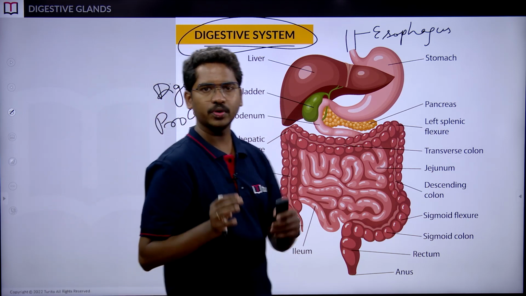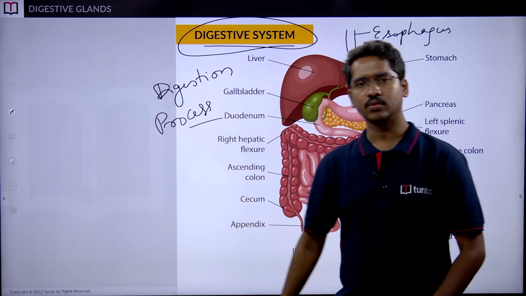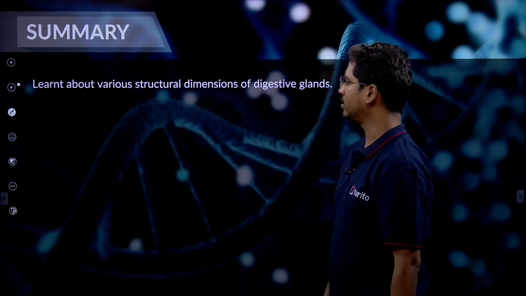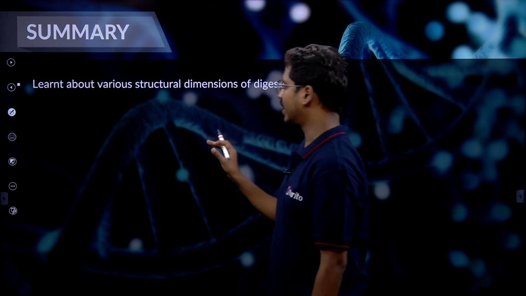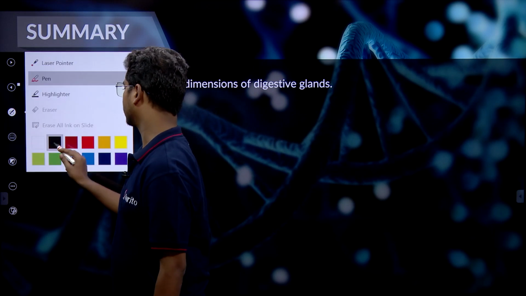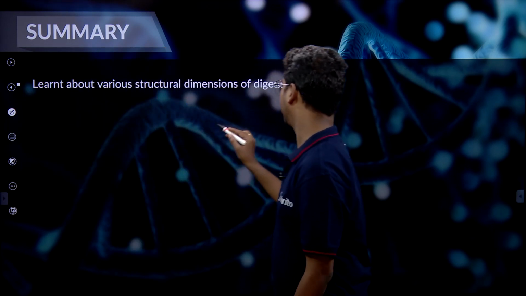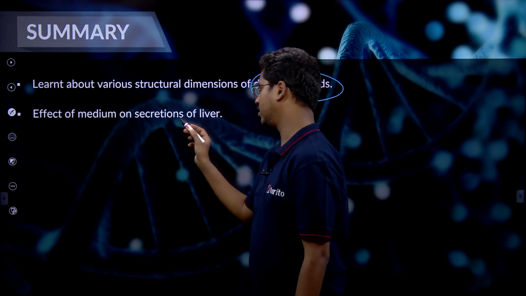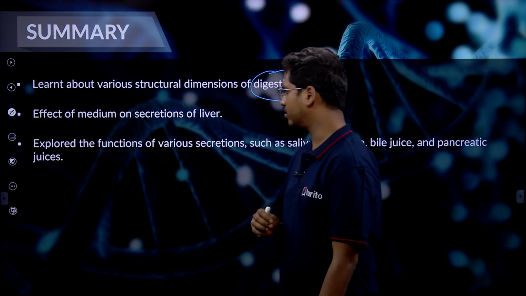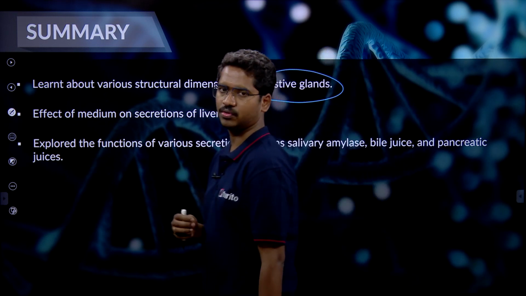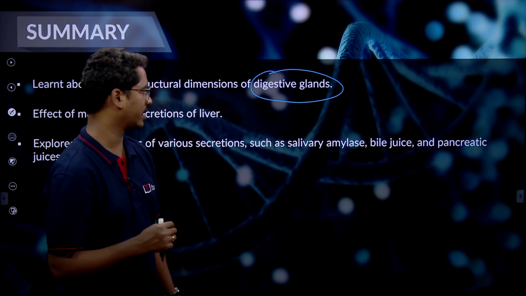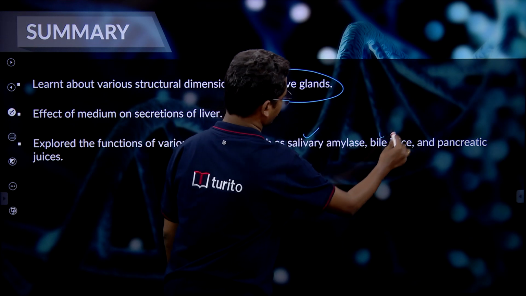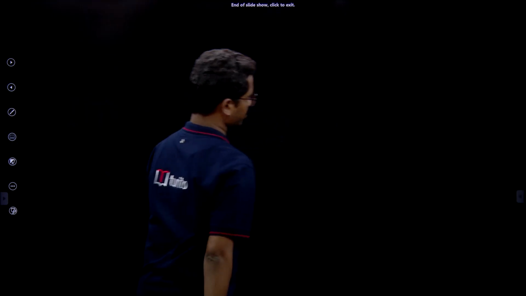Got it? I hope you understood the discussion we had so far. Let us summarize what we have dealt with. We looked at the different dimensions and the functional aspects of the various digestive glands, starting with the liver, and we also discussed the functions of the various juices released by the glands: the salivary gland releases salivary amylase, the liver releases bile juice, the pancreas releases pancreatic juice.